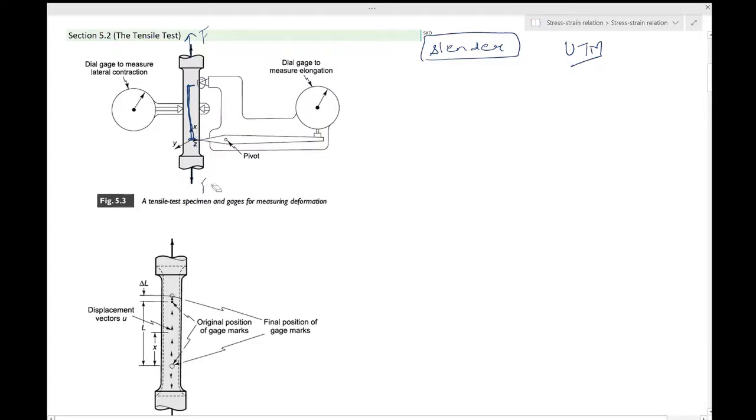Similarly, you would also want to measure how much is the lateral contraction. If the length of this is increasing, the width will decrease. So you have another gauge which measures the lateral contraction at each stage of your test. So you start with a zero load, and then you keep on increasing the load gradually, and keep on taking these readings, and what is the force at that stage.